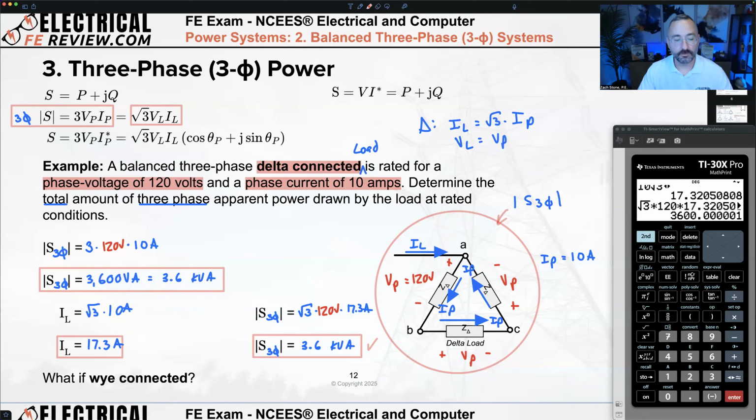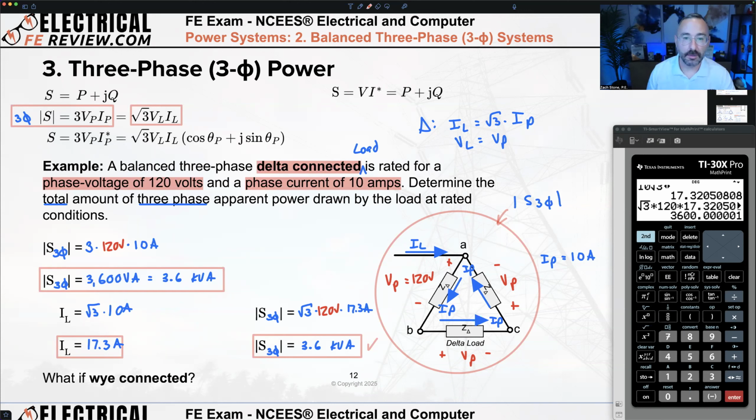Here's a great question. This was a delta connected load. What if this was a Y connected load? They gave phase voltage and phase current.